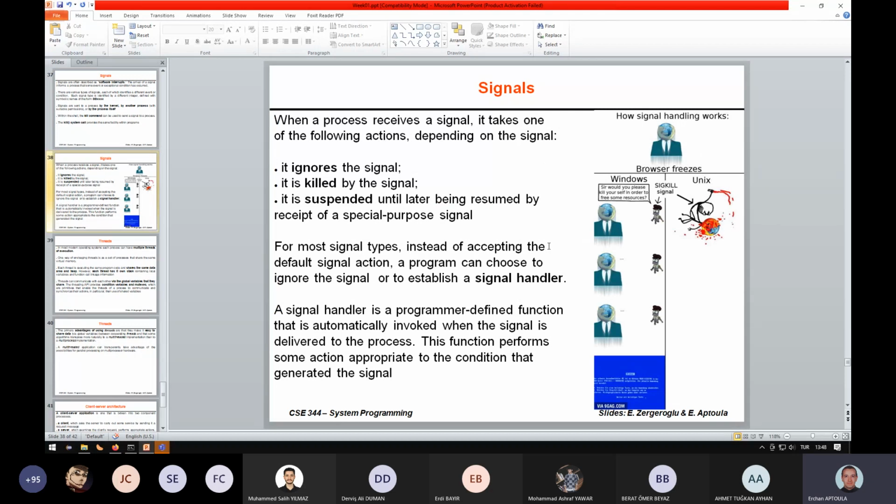Now, when a signal arrives at a process, so when somebody waves at you, what can happen? The process can choose to ignore that signal. The process can be suspended. If it was suspended, it can be resumed by that signal. It can do nothing, or it can even be terminated.